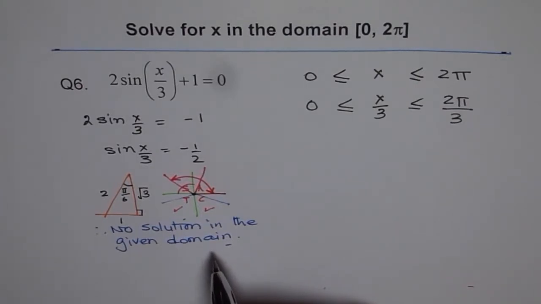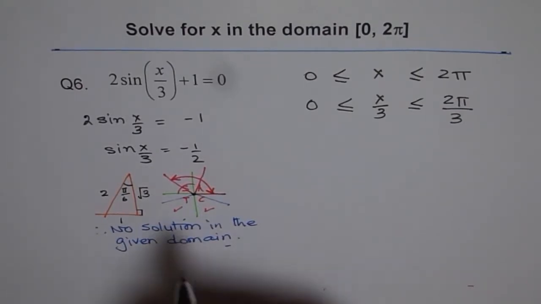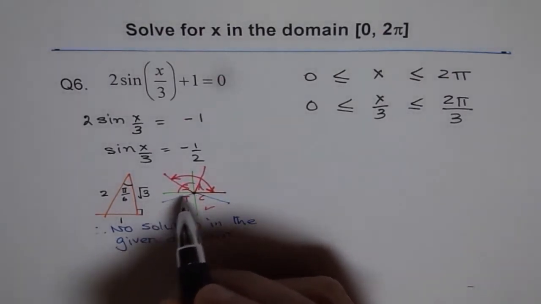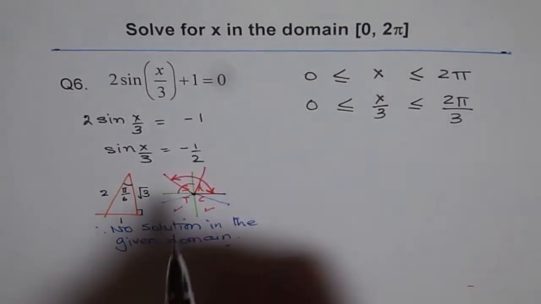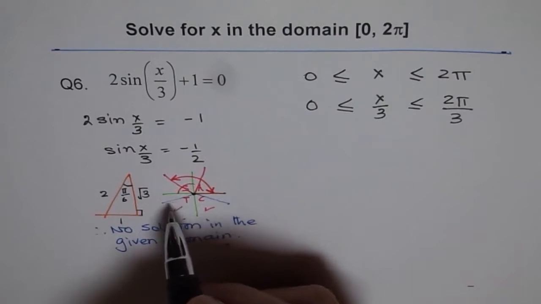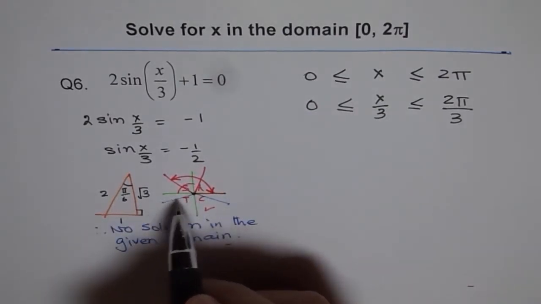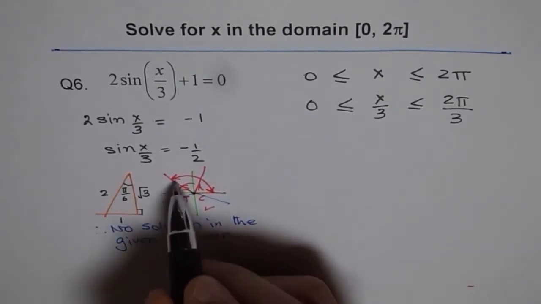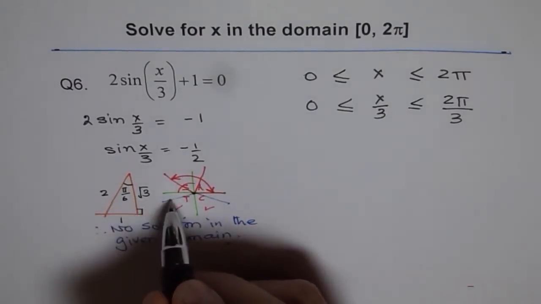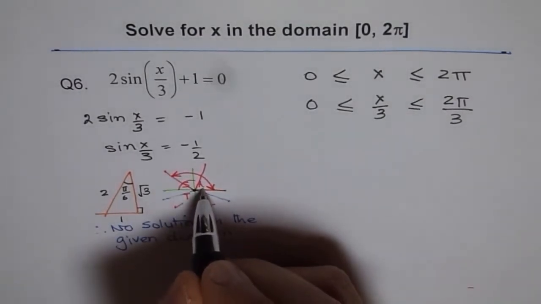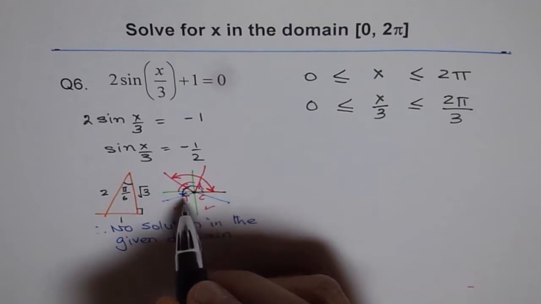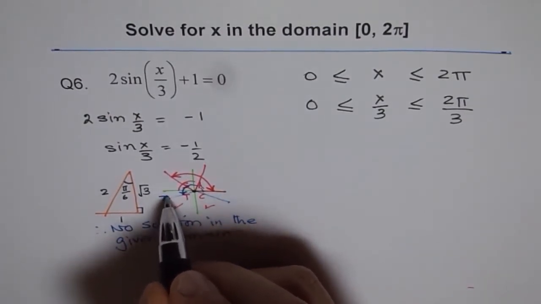Now let us also see from the angle of students who will give this as their answer and see what mistake they make. If I consider these two, let me take this one which is very close, pi by 6. This means that the probable solution could be 7 pi by 6, correct?